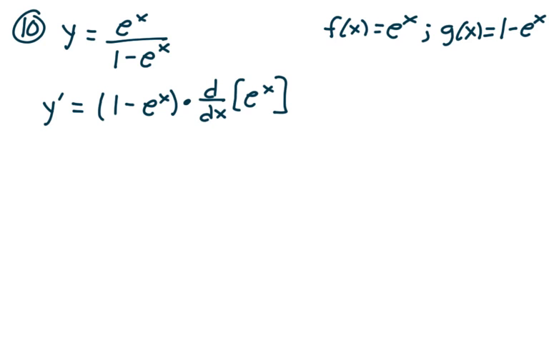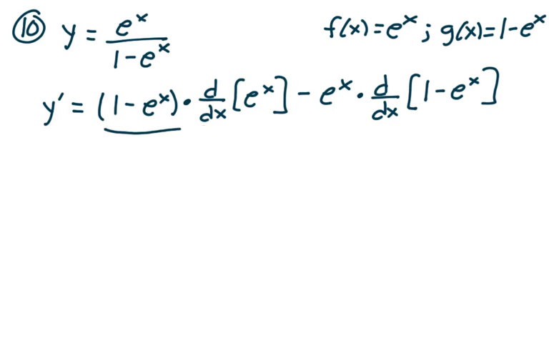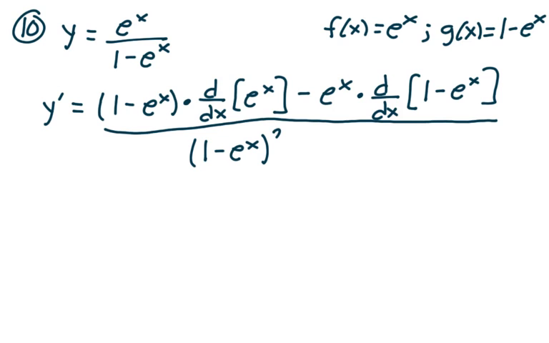And then when you have a quotient, minus, then I'm going to write down the top function, and then I'm going to multiply by the derivative of the bottom function, which is 1 minus e to the x. And remember, you're differentiating with respect to x. And then I'm going to divide by (1 minus e to the x) squared.